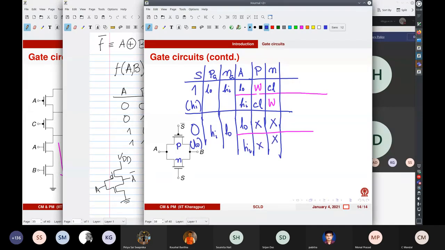So you can say that in this situation it is transmitting, and in this situation it is off. So that's why it is called a transmission gate. It's called a CMOS transmission gate.